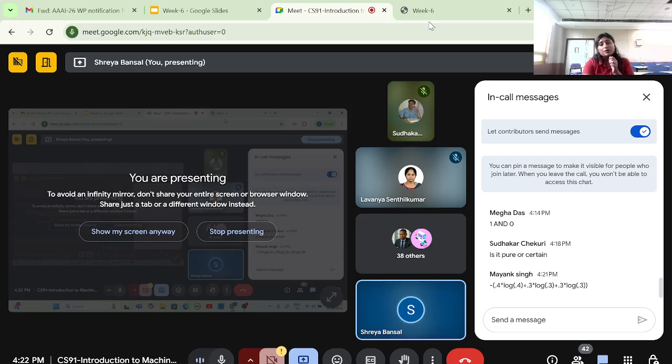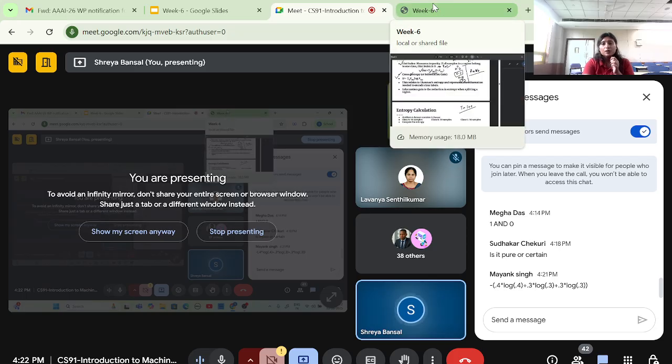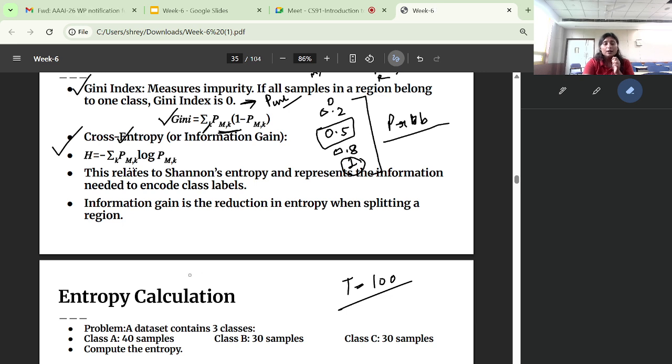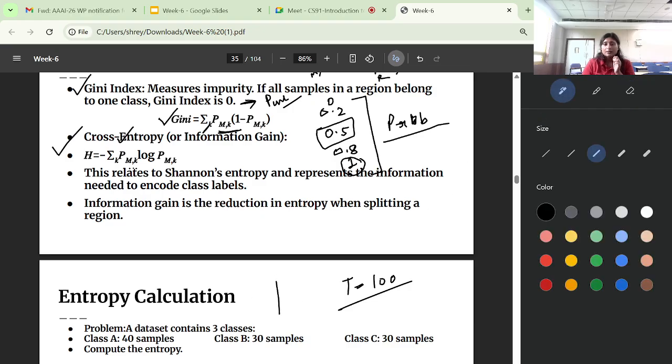Correct. So is this fine to you? Are you able to calculate the entropy if a problem like this is given? If I say A is a data set in 3 classes, it simply means this is the attribute A in which there are 100 samples, out of which 40 belong to class A, 30 to class B, and 30 to class C. Here data set means a single feature.